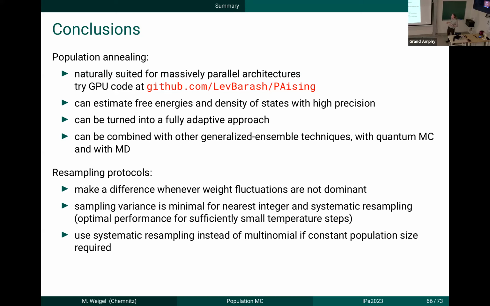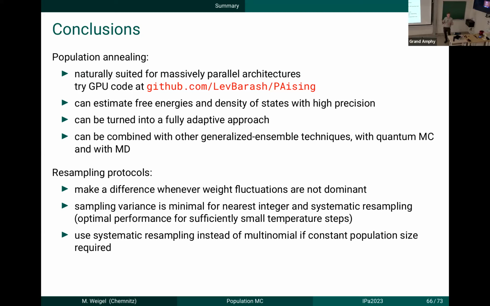Okay, I didn't talk about the resampling protocols, but just to let you know that there's also some optimization that you can do in deciding how you should actually do the resampling. The way I described it, you only have to guarantee that the expectation value of the number of copies you make is this ratio of Boltzmann factors times the normalization.